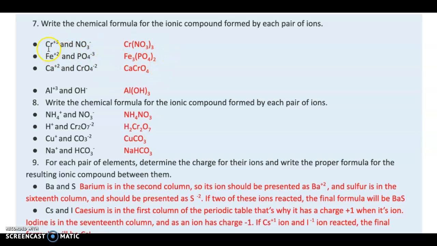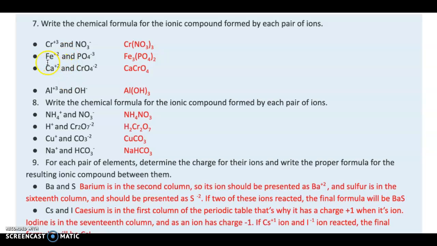So when they combine together, we write the same thing. We do the criss-cross, but now nitrate will go into parentheses where you'll write 3 on the side of the parentheses. Okay? Nothing goes for chromium because nitrate had a -1 charge.